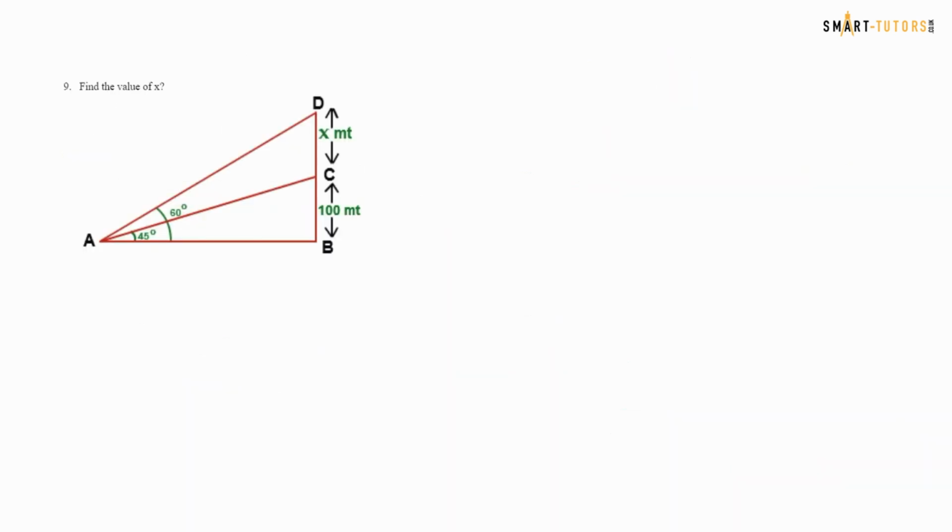Question number 9. So the diagram is given. They are asking what is x. Let's look at the diagram carefully. The 45 degree is the small angle here. 60 degrees is the big angle. For the 45 degrees, this side is going to be the opposite.